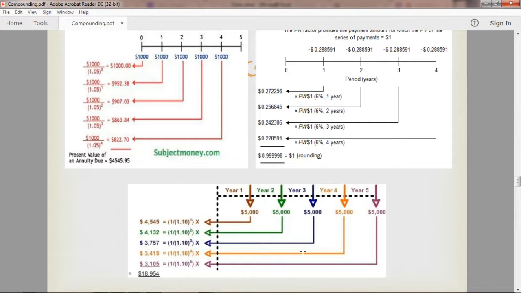So cash flows in annuities are all in the future, and because of that, students often cannot distinguish between future value of annuity and present value of annuities. But it's logical thinking.